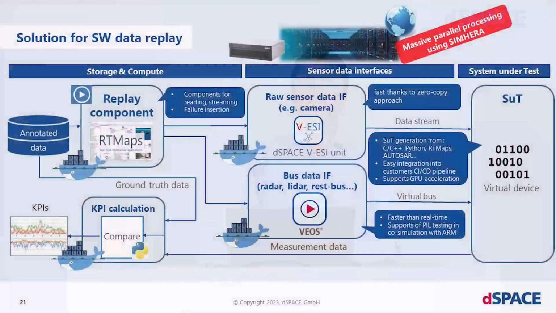To support this, the dSPACE software data replay solution allows testing of perception algorithms and subsequent AD layers on functional level. That comprises generation of virtual SUTs out of code developed in Python, C, C++, standalone, or embedded in AutoSAR or RTMaps middleware.